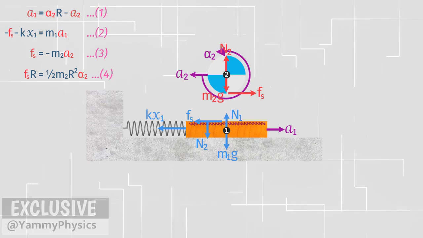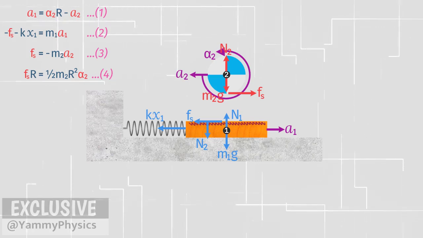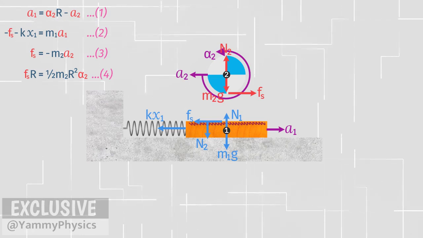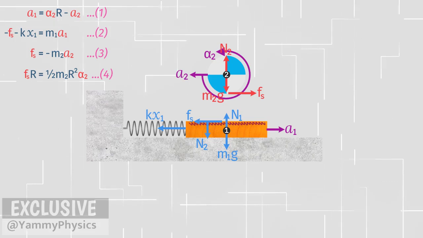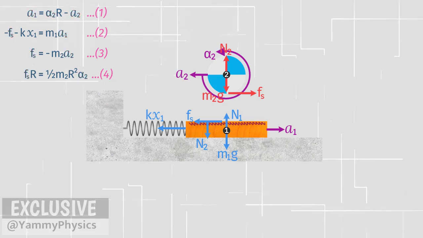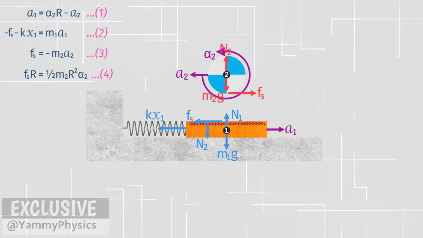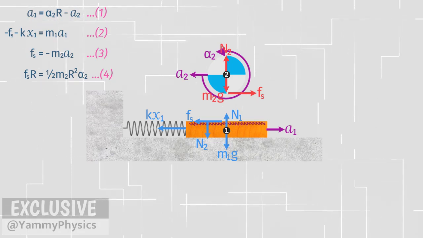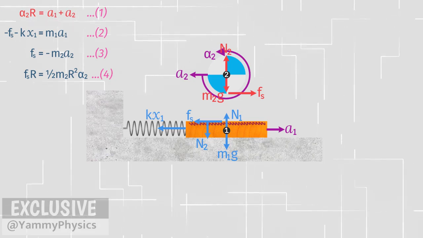We have 4 equations, with 4 unknown quantities: a1, a2, Fs, and alpha2. It seems that these mathematical equations are enough. The next step only requires mathematical skills. We can write equation 1 as alpha2 r equals a1 plus a2.